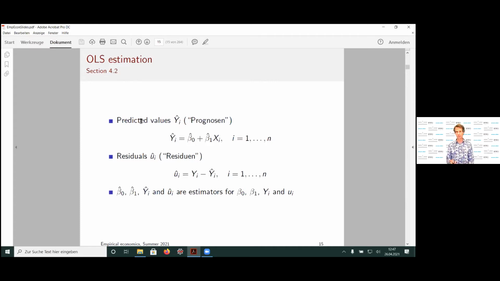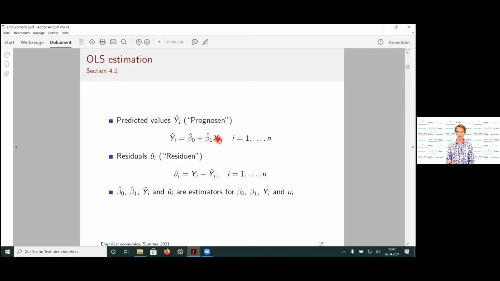So what are the predicted values? Well, the symbol for the predicted values is y hat, yi hat. And they are computed by evaluating the estimated regression line at xi. The estimated regression line is just beta 0 hat plus beta 1 hat times x.